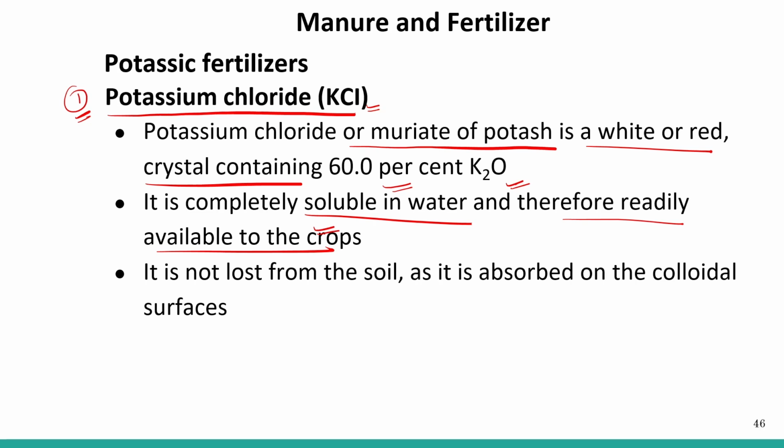It is not lost from the soil, as it is adsorbed on the colloidal surface. So it gets attached to the colloidal surface of the soil, and is not lost from the soil.